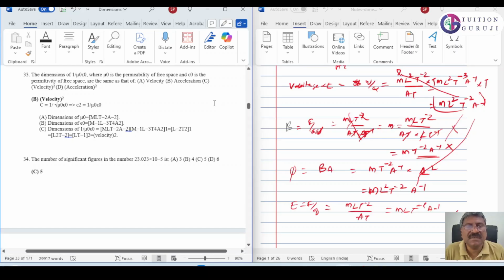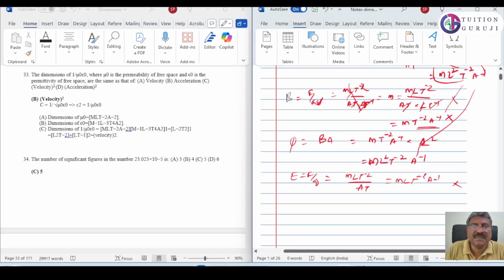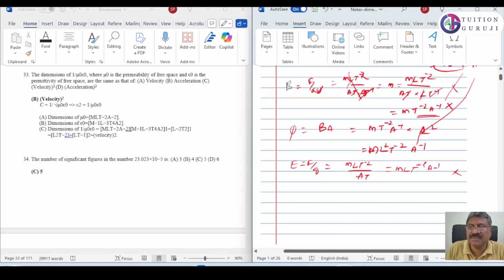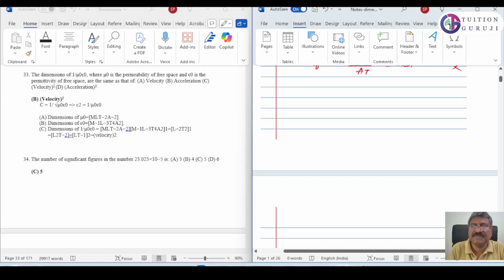Next one is the dimensions of 1 by mu 0 epsilon 0, where mu 0 is the permeability of free space and epsilon 0 is the permittivity of free space, are the same as that of. So we know that velocity of light c is equal to 1 by square root of mu 0 epsilon 0, which implies c square is equal to 1 by mu 0 epsilon 0.